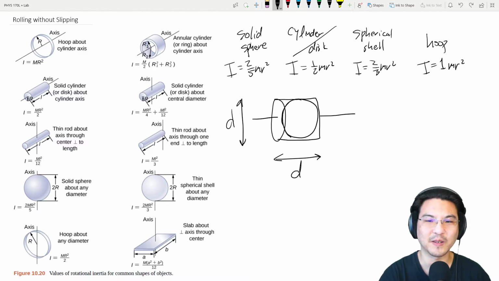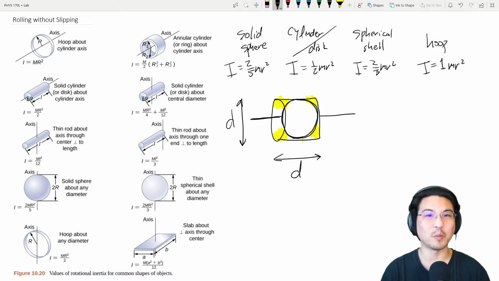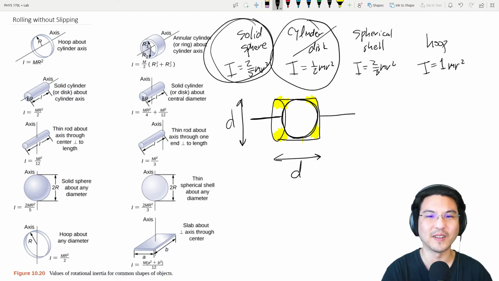See how it just kind of fits right in here? And if it's rotating about the same axis, do you see how the cylinder has these extra bits in the corners? So the cylinder has more of its mass distributed away from the axis of rotation than a solid sphere. So we would expect a cylinder to have a larger moment of inertia than a solid sphere.